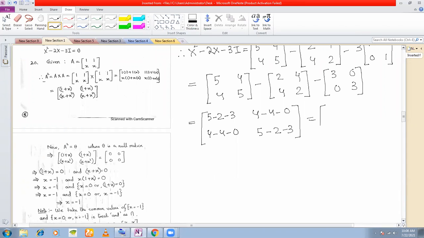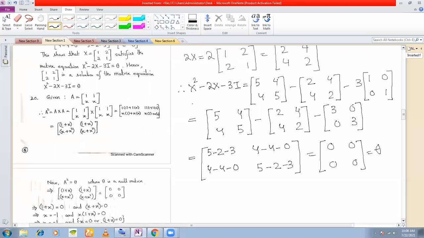You see that all the elements are 0. So that means this is equal to null matrix. So what have we got here? X square minus 2x minus 3i is equal to a null matrix.